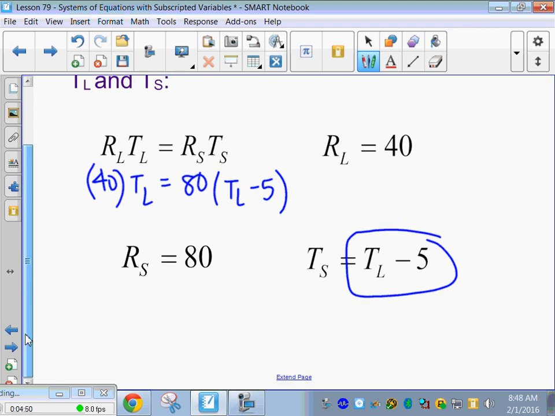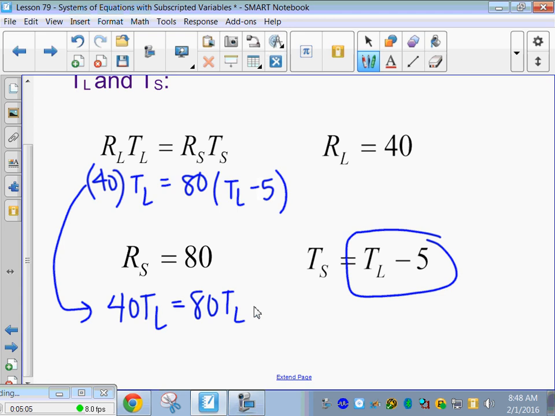Okay, now we just solve it. I'm going to come down here so I have some more space. So 40 TL. We're going to distribute on the right-hand side, so I get 80 TL. 80 times 5, what does that give me? Okay.